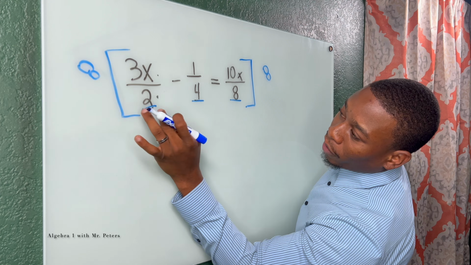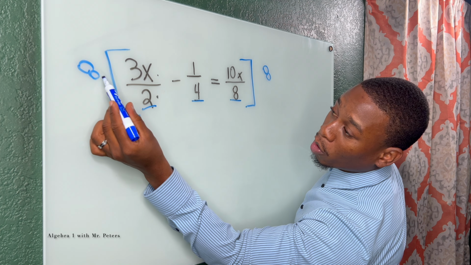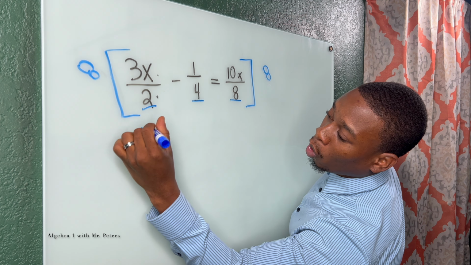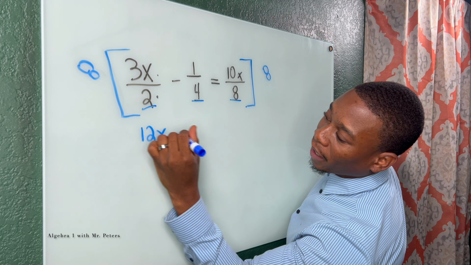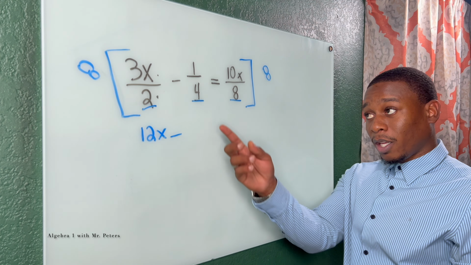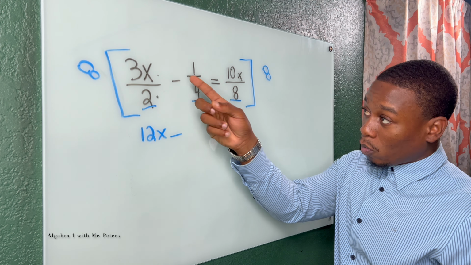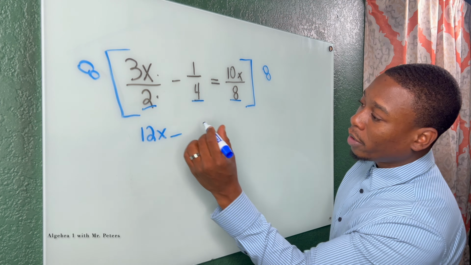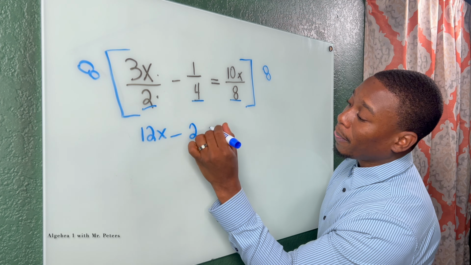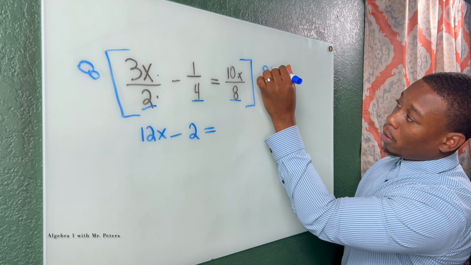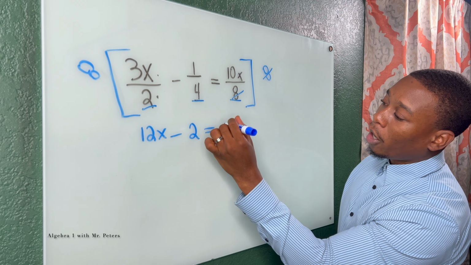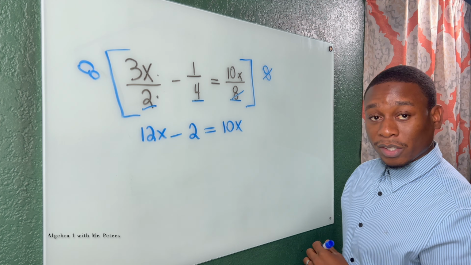We know 8 divided by 2 is 4. When we multiply 4 and 3x, we're going to get 12x minus, and then when we go to the second fraction, 8 divided by 4 is 2. Once we multiply 2 by this negative 1, this is negative 2. And this is equal to, 8 cancels out with 8, and all we're left with is 10x.